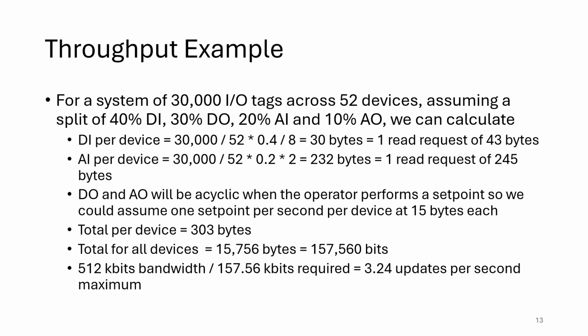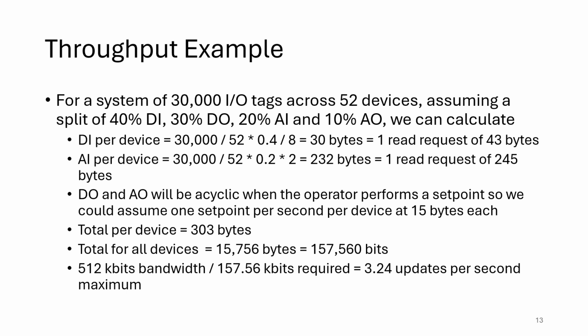Working on a typical split of 40% DI, 30% DO, 20% AI and 10% AO, we can calculate the amount of DI and AI per device. So we can work out 30,000 overall, divided by 52 for the number of devices, multiplied by the percentage, and then from that we can calculate the overall number of bytes, and we can say that that will be one read request of 43 bytes of data for the discrete inputs.